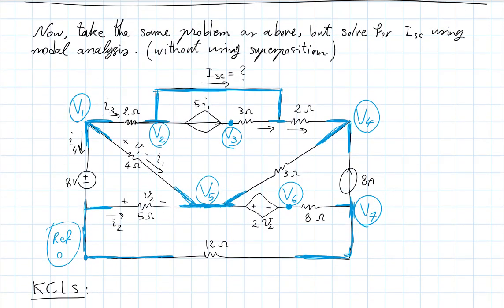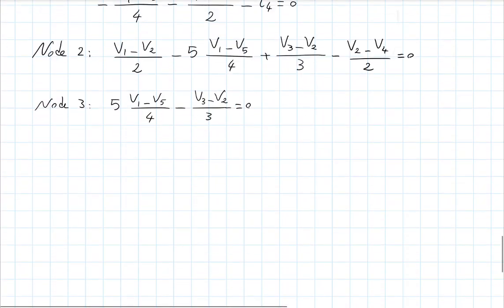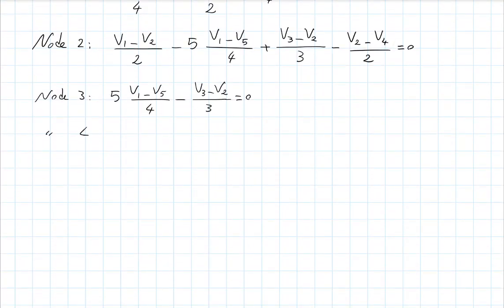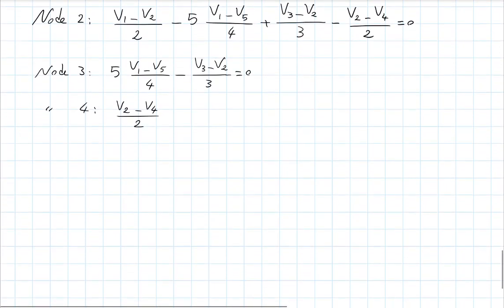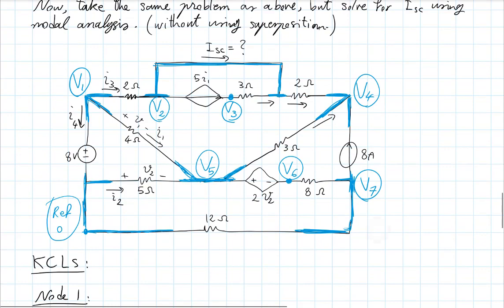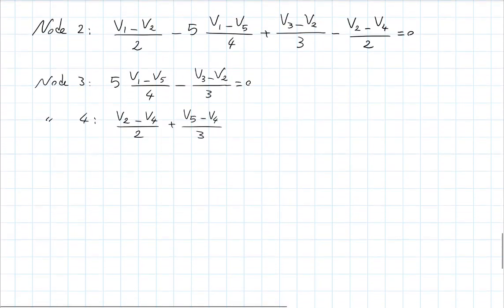That's V2 minus V4 divided by 2. And then I have the current in the 3 ohm resistor, if I draw it like this, plus V5 minus V4 divided by 3. And then the 8 amp going in.